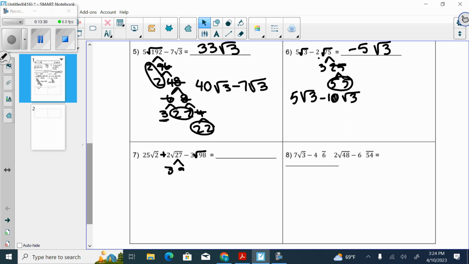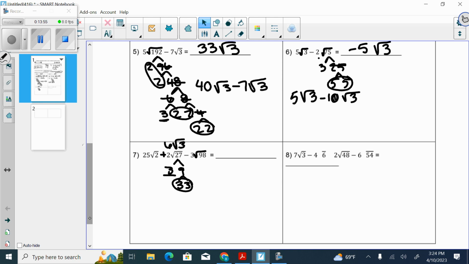And what about 9? 3 and 3. All right, so I have a pair of 3s and 1 left over, right? So I get to take out a 3. Was there anything in front already? So what would that 3 and the 2 from outside give us? 6. And what's left over? The 3. All right, so this became 6 square root of 3.